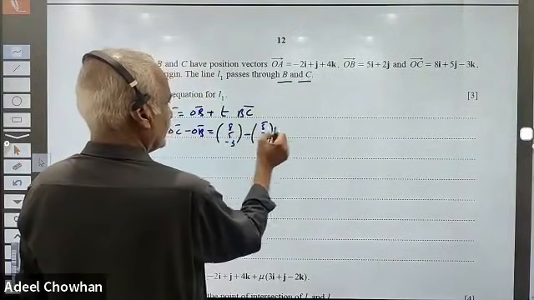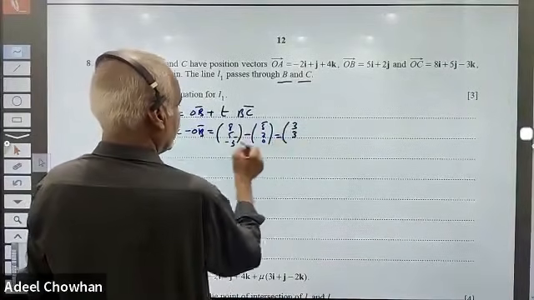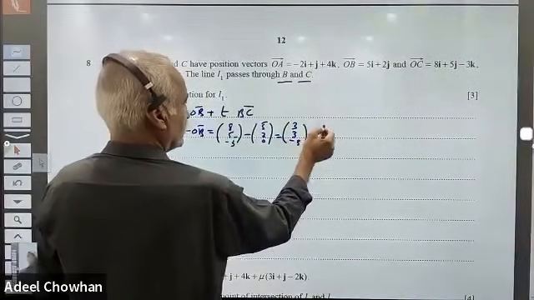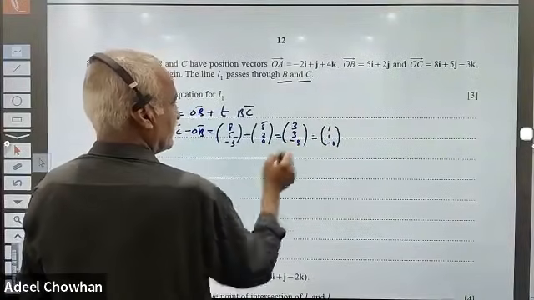That is 8 minus 5 is 3, 5 minus 2 is 3, and minus 3 minus 0 is minus 3, which you can write as 1, 1, minus 1, because they are multiples of 3.